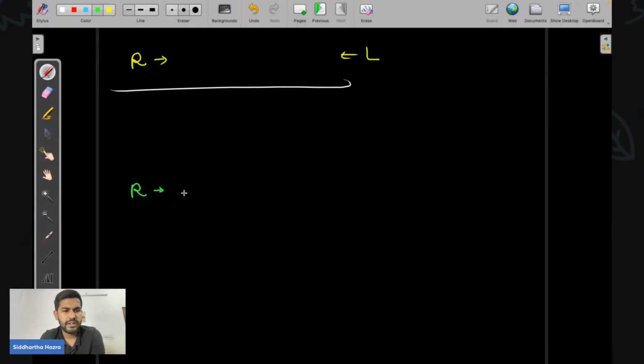So what would we do? A right moving asteroid and a right moving asteroid won't cancel each other. Because suppose I am running in a straight road at 5 kilometer per hour.